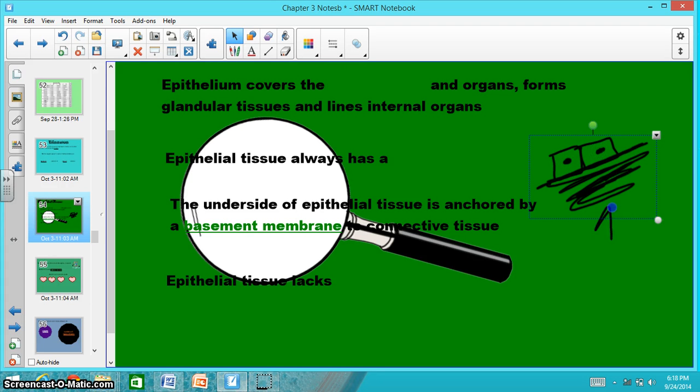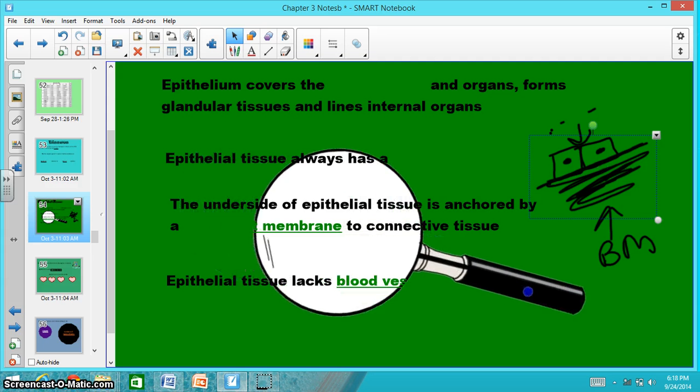So this is that basement membrane. And then the opposite side, this area right in here, there's nothing there. It could be fluid, it could be air, it just depends on its location. That's the free surface. So there's its free surface, there's its basement membrane. And that's a characteristic that is unique to epithelial tissues.